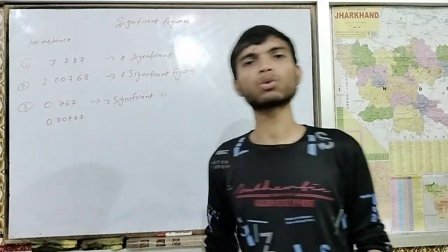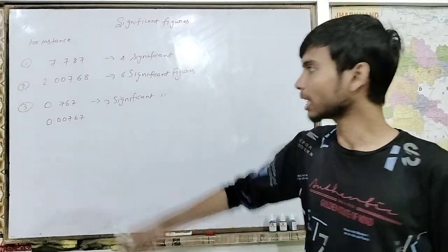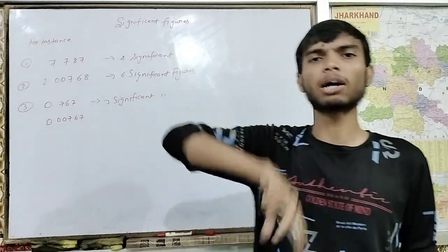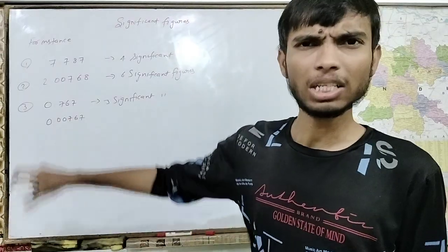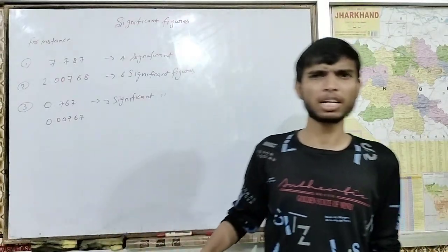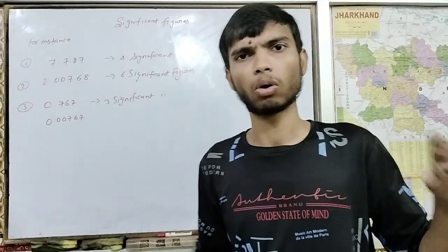But in this we are also observing that there are two zeros coming after the decimal. Should we count these zeros as significant numbers? I would say no. No.